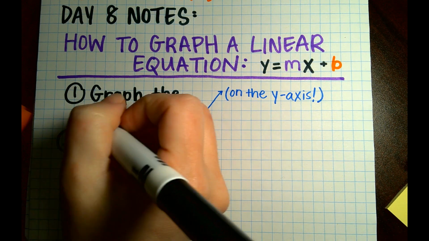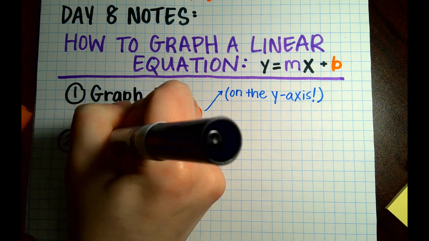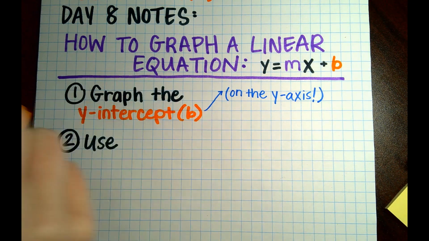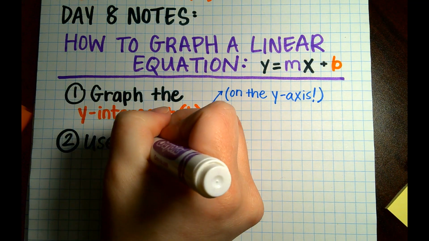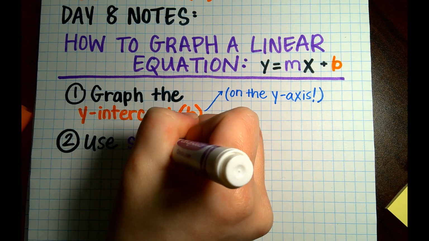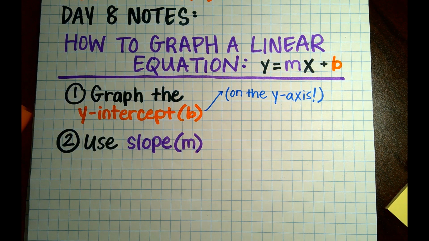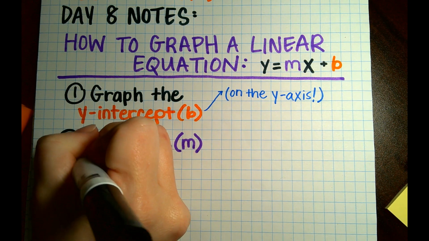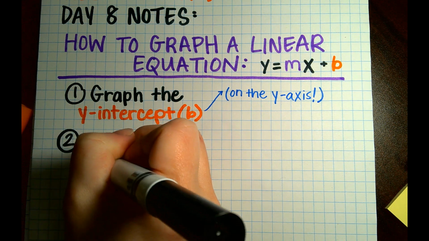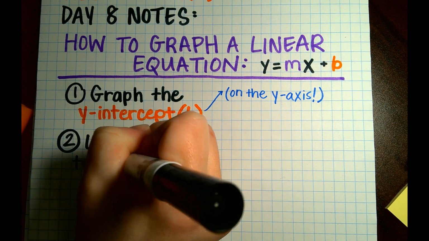Then we want to use slope, or m, whatever that number is in the equation, to graph a second point.